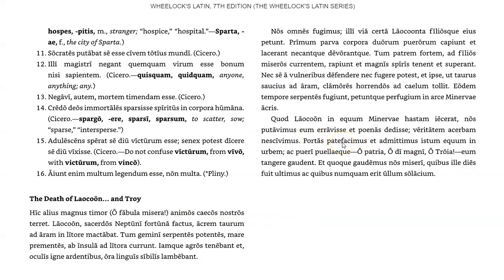Portas patefacimus. So a patio. I grew up in Arizona. A patio is like an open outdoor seating area. So we opened up the gates and literally admitted, or let in, that horse into the city.